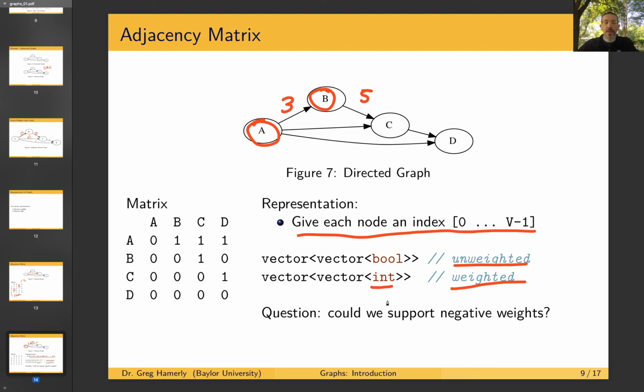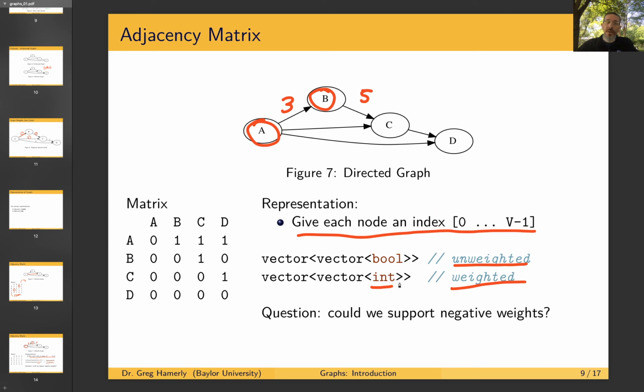Now, the question then becomes, what happens in a weighted graph if there is no edge from some vertex to some other vertex? With a Boolean, it's clear, it's false. But with an integer, what should we use for that integer value to indicate that there is no edge?